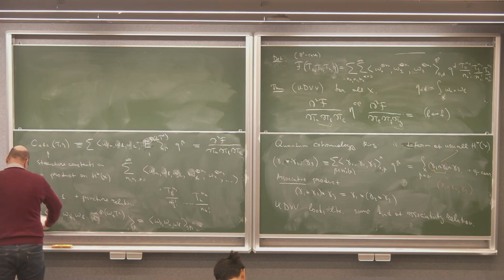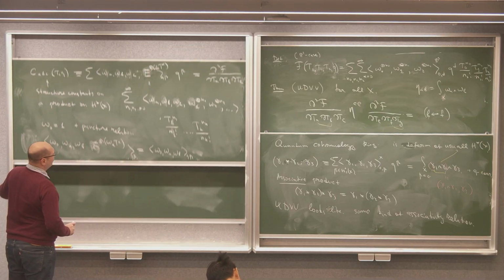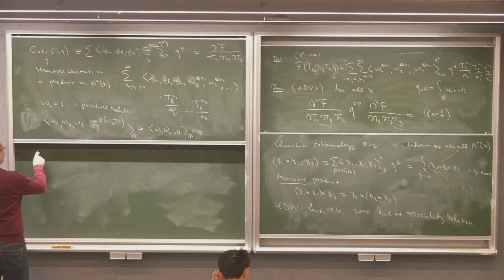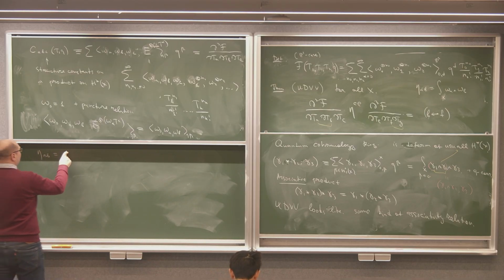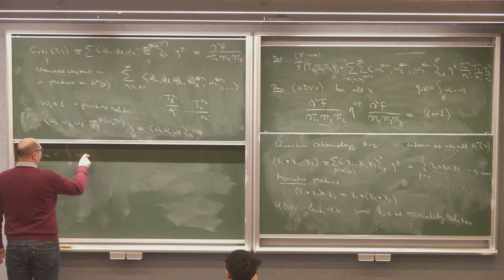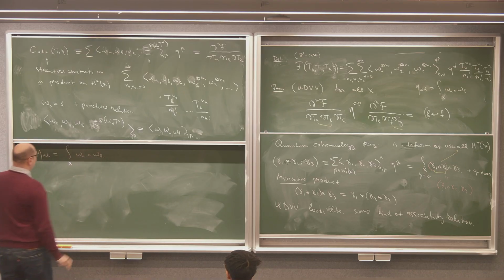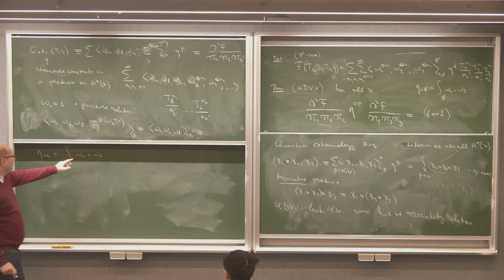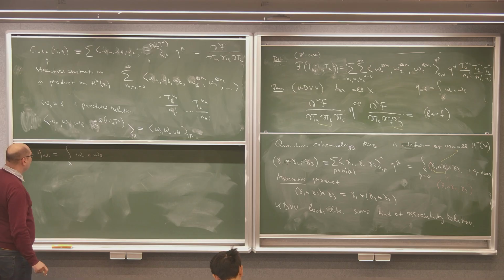Okay. So eta AB was defined in this way. So we have just the intersection numbers between omega A and omega B, or the intersection metric in cohomology.